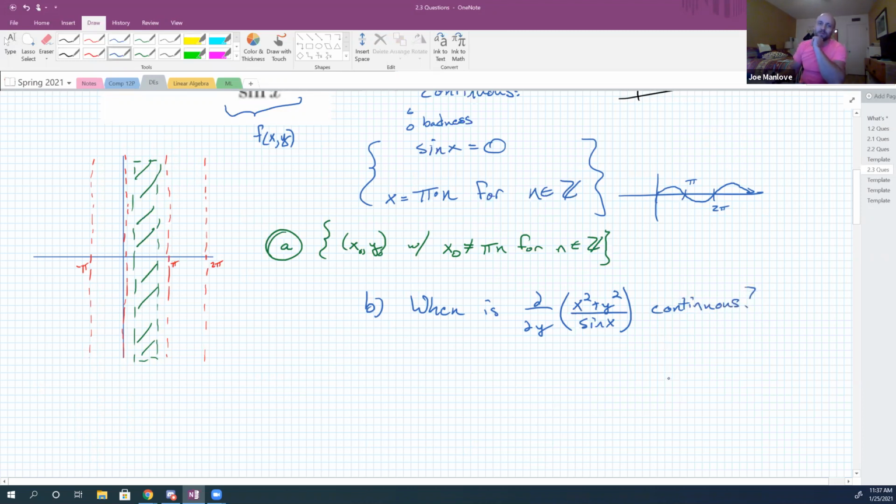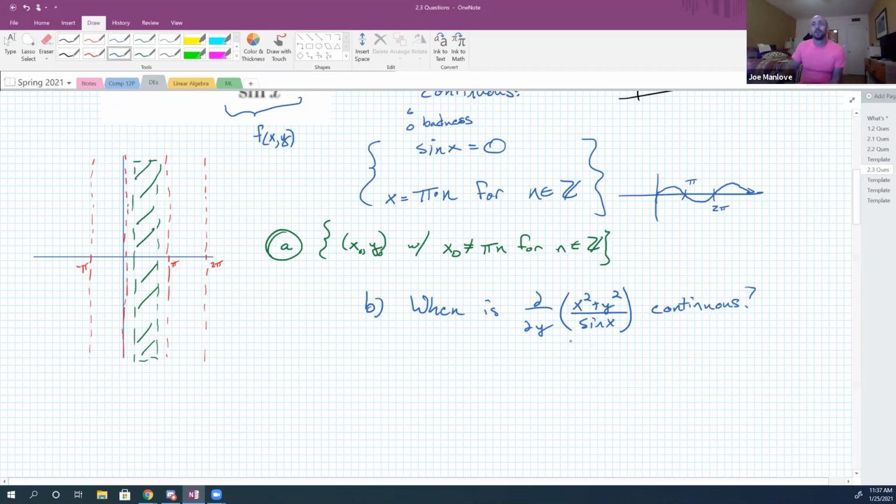Everybody with me on that? Okay. Now this is the part that's maybe going to get a little hard. How do you differentiate this with respect to y? Hold all x terms constant and then just differentiate it like you normally would.